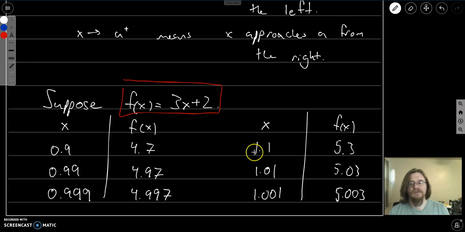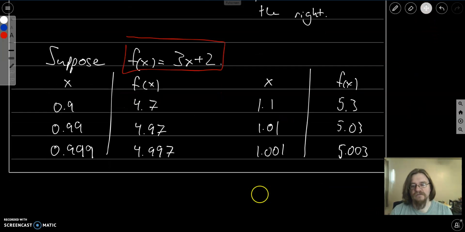And likewise, if I start approaching from the right-hand side, if I start plugging in 1.1, I get 5.3. And then I'll get 5.03, 5.003. These numbers are also getting closer and closer to 5.